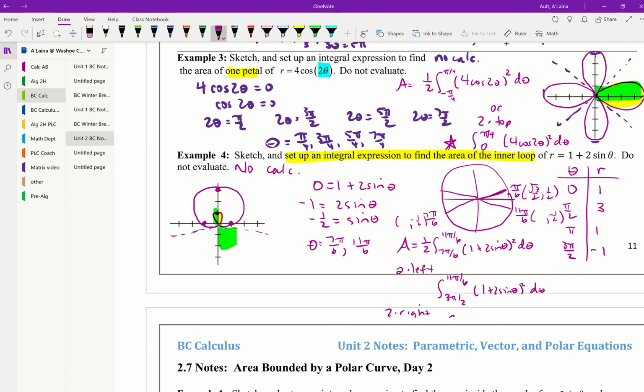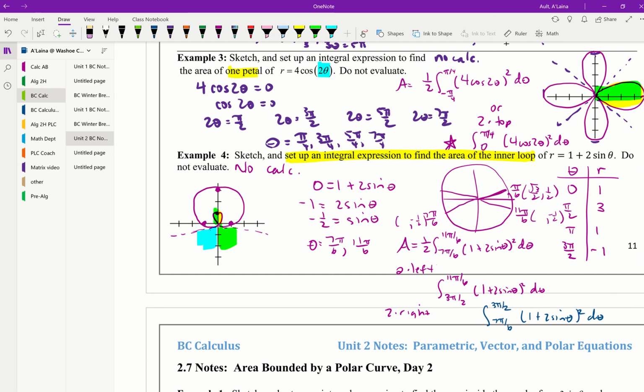I could have done 2 times 1/2 of the angles in this region, which would give me the right side that I just colored blue. Let's keep that yellow. And so that would be the definite integral from 7 pi/6 to 3 pi/2, where that symmetry is, of 1 plus 2 sine of theta, quantity squared, d theta. And then those cancel out.